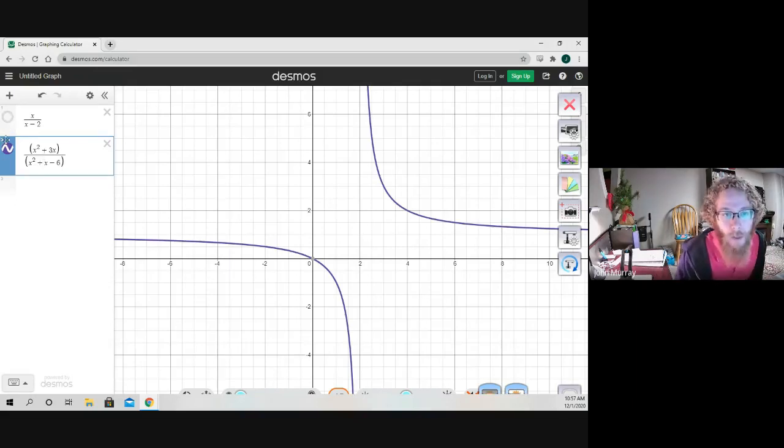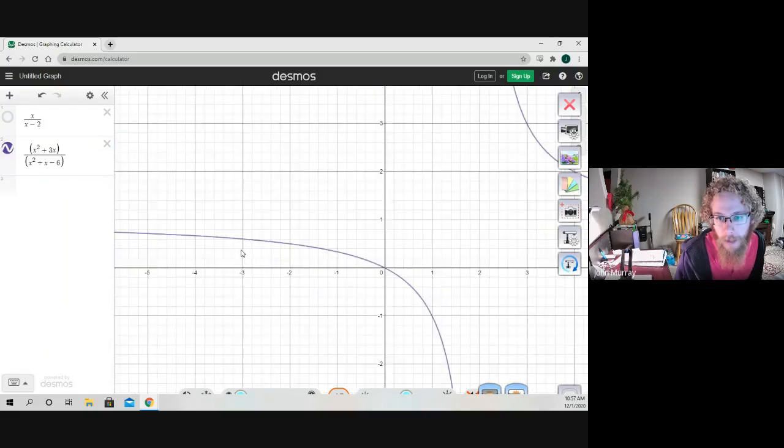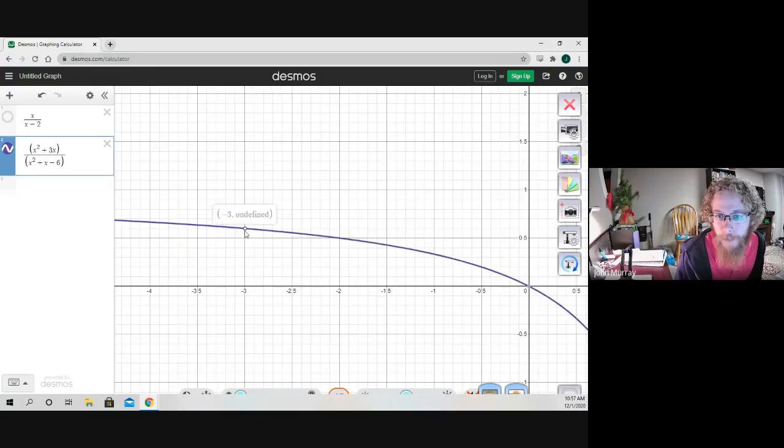Okay, here's our second function, which again matches right on top of that first function, the simplified version. It is undefined at negative 3 because we have the removable discontinuity there. All right, that's where we got our hole.